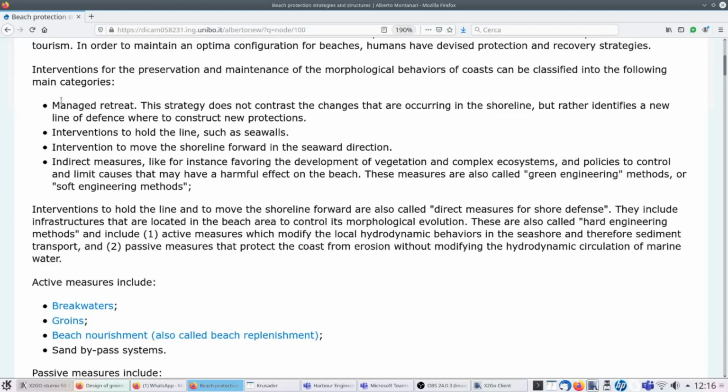Basically, instead of using infrastructures, they favor the development of conditions which stimulate beach accretion, and this must be obtained without using hard infrastructures, and then we call them indirect measures. As I already mentioned, they also can be called green engineering methods or soft engineering methods.